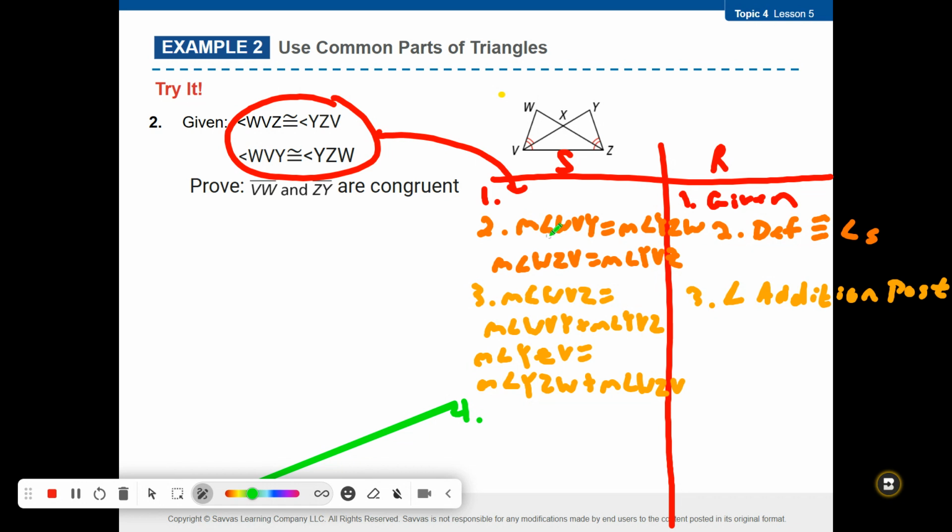In this case, I substituted the measure of WVZ is equal to the measure of YZW plus the measure of WZV. I did that to substitute in so that they match, but you could have chosen either one. It won't matter.